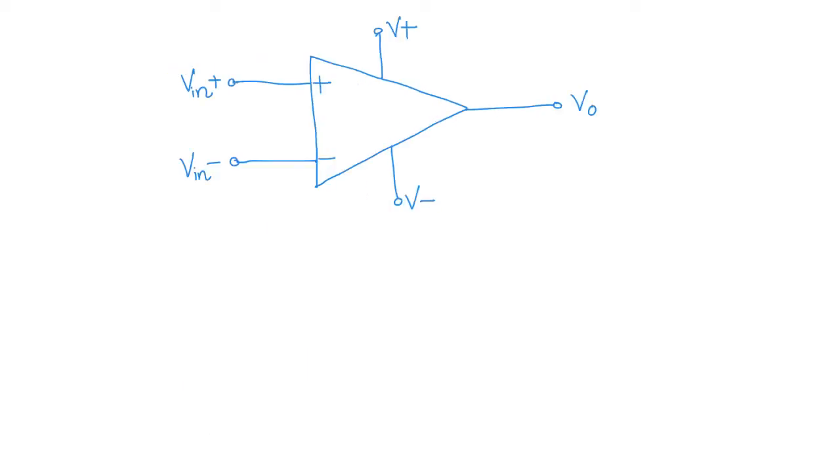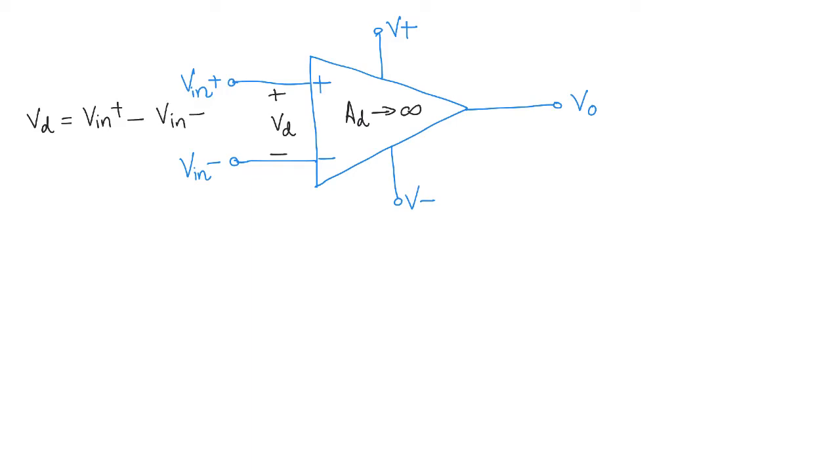So here's an op amp, and we know that this is an ideal op amp, and therefore the differential gain AD tends to infinity, and the output only depends on the difference of the voltages VD, where of course VD is equal to V in plus minus V in minus.